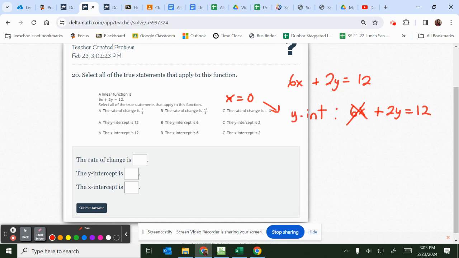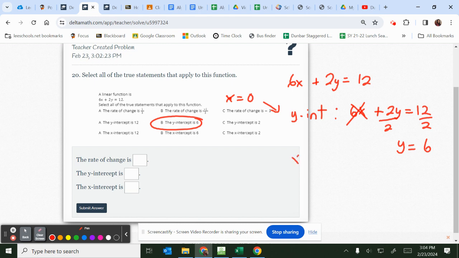I'm left with 2y equals 12. Now I'm going to divide both sides by 2 to break up the couple and get my y-intercept, which is 12 divided by 2, which is 6. So the y-intercept for this one would be 6.